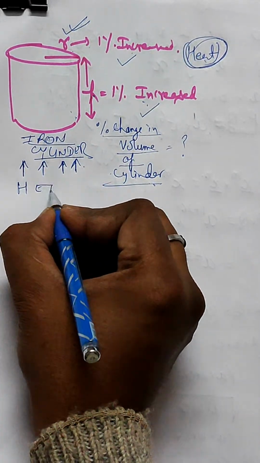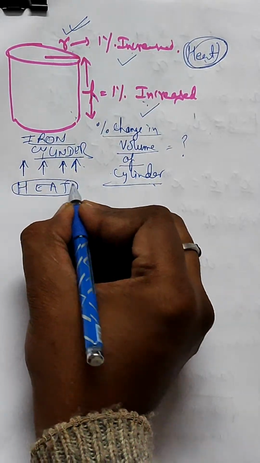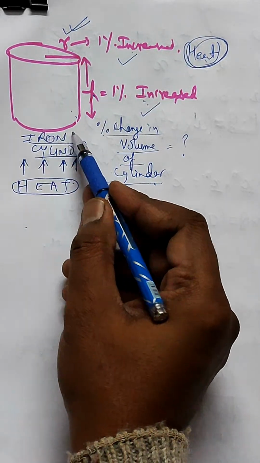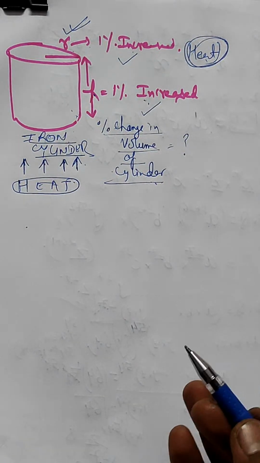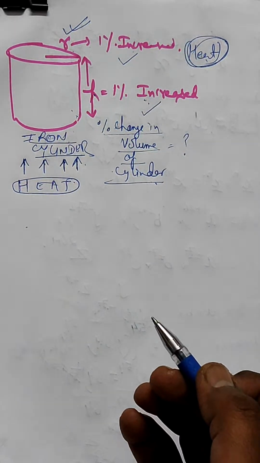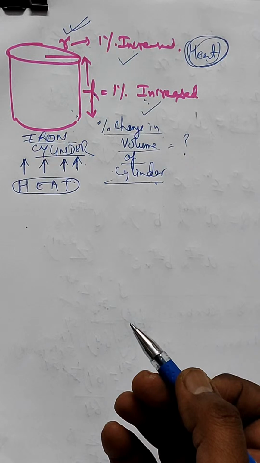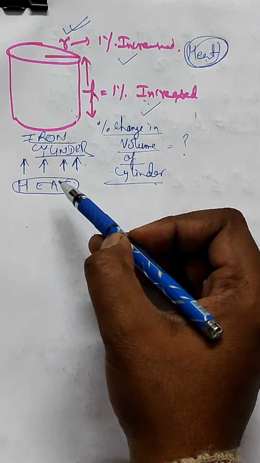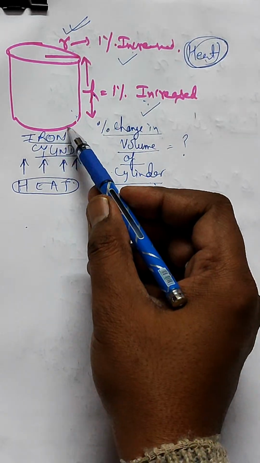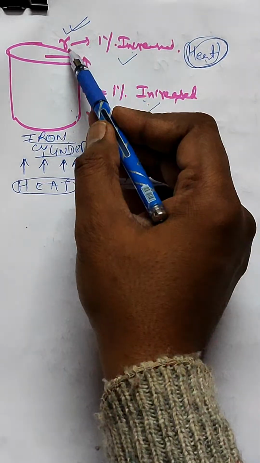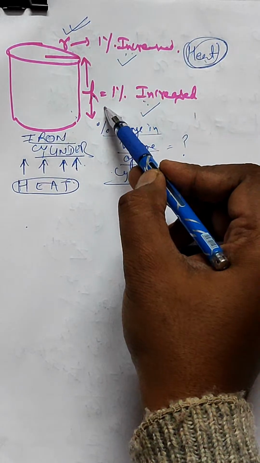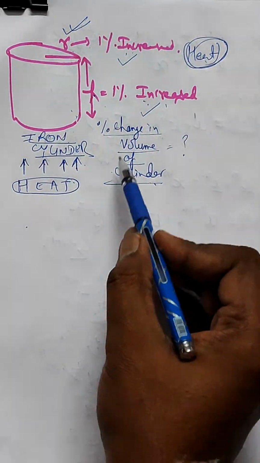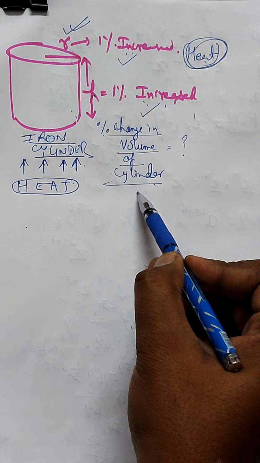When you are heating a cylinder or any object of a metal, it will expand, right? Why does it expand? Because this is the property of a metal that when you heat it, it expands. Due to this heating, the radius is increased by 1% and height is increased by 1%. Now we need to calculate the percentage change in volume of the cylinder, right?